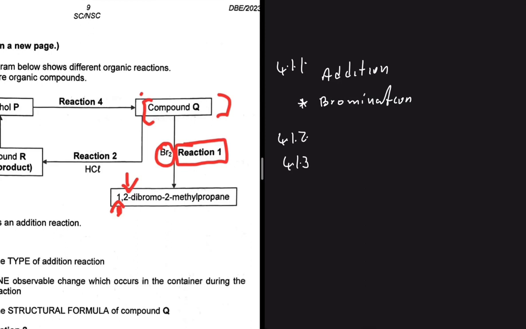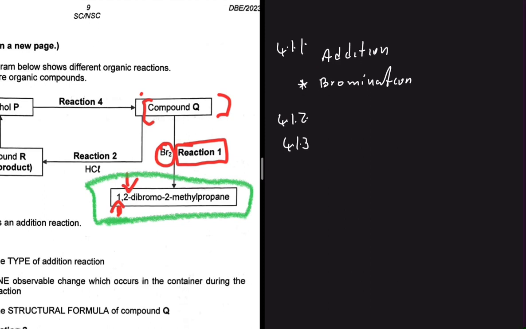If they go and stay in that location, it means that there was a double bond there. So we're just drawing the structural formula of this structure, but instead of putting bromo on the first and second carbon, we're going to put a double bond, because that is compound Q before we add Br2.